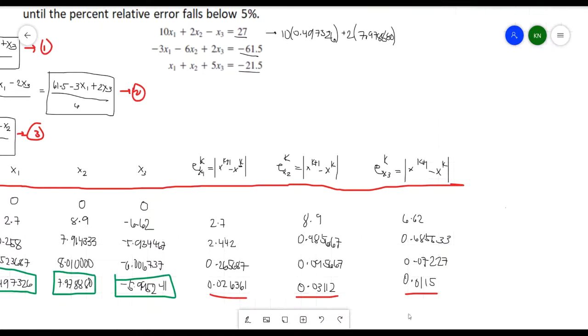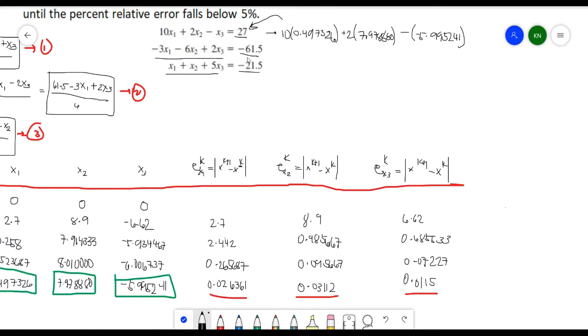And then we have our minus x sub 3, which is negative 5.995241. Now, if you calculate this one, this must be approximately equivalent to 27. The same process, if you substitute the values here, should be approximately equivalent to 61.5 and negative 21.5. So if you can see that it is really approximately equivalent to our 61.5 and negative 21.5, then that is already the correct answer.